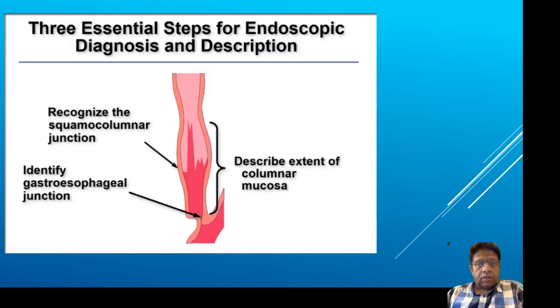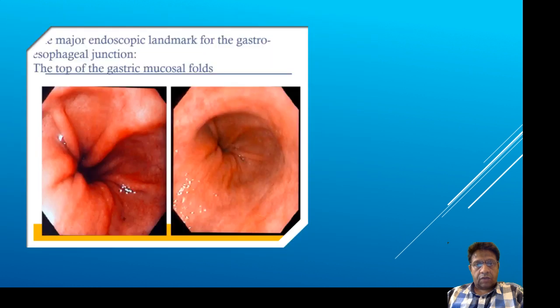The three essential steps for endoscopic diagnosis and description are to identify the squamocolumnar junction, identify the gastroesophageal junction, and then to describe the extent of the columnar mucosa, and we will be coming to the recommended method for doing that shortly.